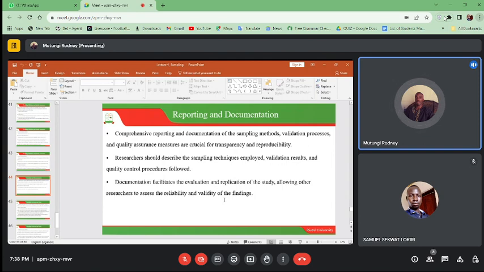Then after you've done all this, you need to report now about how you did it. Okay. So reporting will enable us to know what could have gone wrong, or if you did it right and you captured or documented it, we can always use that information so as to reproduce the same quality work.